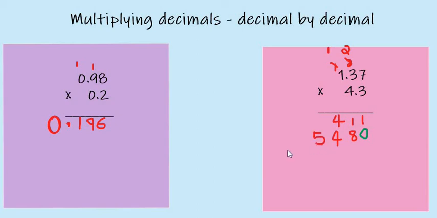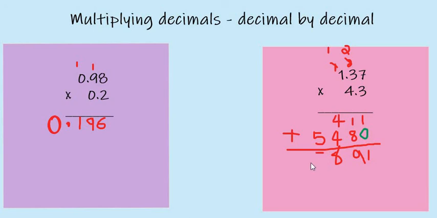And the next step is to add. 1 plus 0 gives us 1. 8 plus 1 gives us 9. 4 plus 4 gives us 8. Oh, that 9 is a bit crooked. And 5, we bring down our 5.